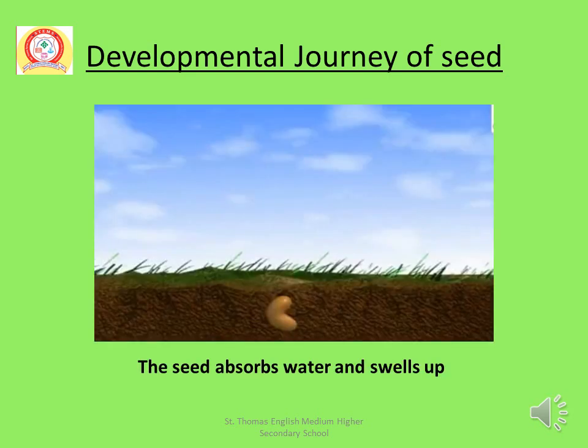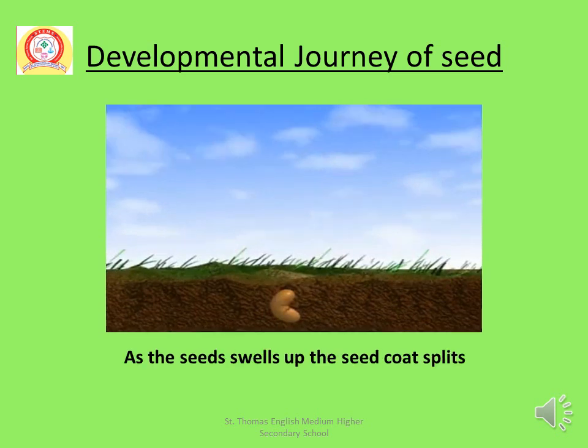Now let us look at different stages of germination. First, when a seed is placed in soil, the seed absorbs water and swells up. Second stage, after absorbing water, the seed swells up. The seed coat splits.